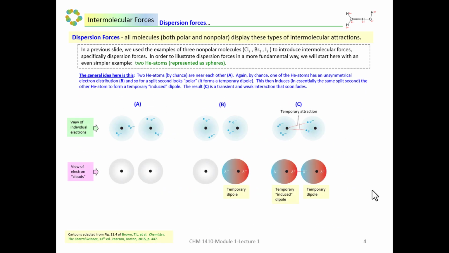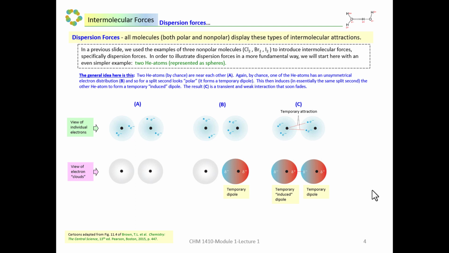Again, I threw a lot of information up on the slide all at once, but we can make our way through this. And the point here is to try to convince you how dispersion forces could arise between molecules.